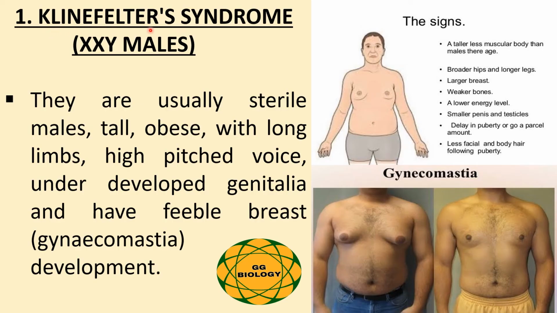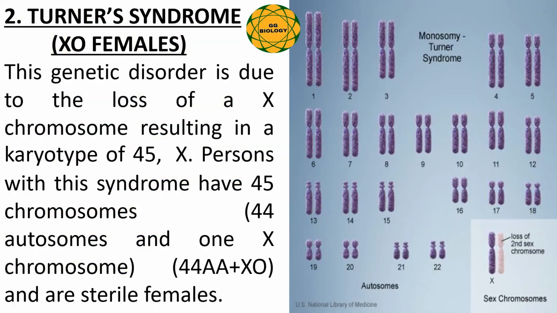The symptoms are that they are usually sterile males, tall, obese with long limbs and a high-pitched voice, underdeveloped genitalia, and feeble breast development, which is also called gynecomastia.